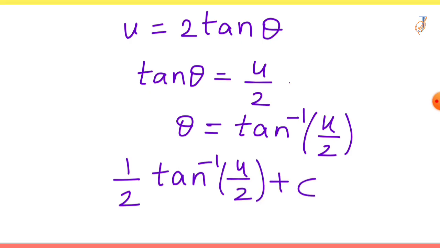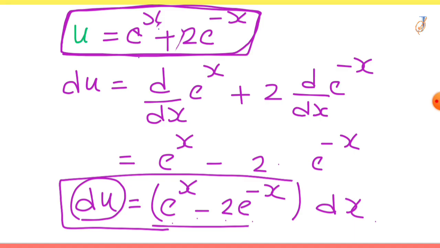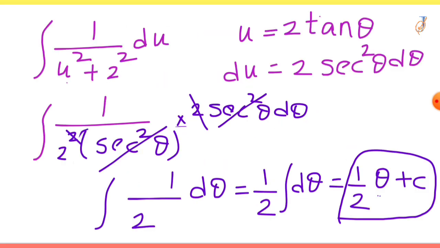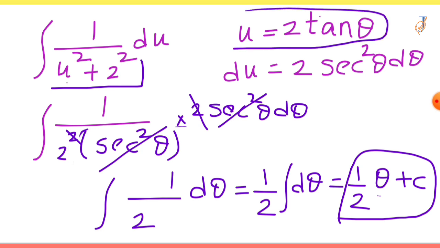This is our result. Starting, we considered u as e power x plus 2 e power minus x. Instead of u, you can write that. So our result is 1 over 2 tan inverse of e power x. That is our original problem, isn't it? So we have to take the original problem, not the u power 2 plus 2 power 2. We considered here u as 2 tan theta, not this one.